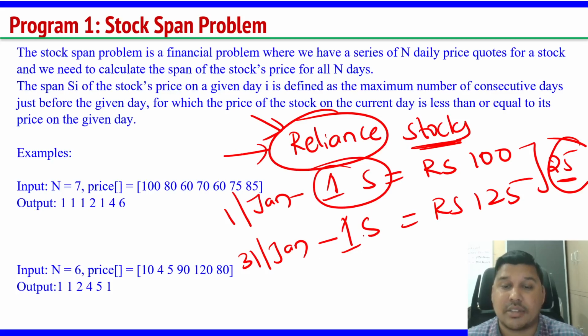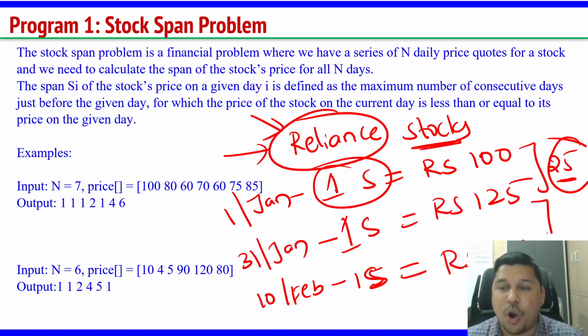There is also some chance that maybe on 10th February, this same one stock's value became 97 rupees. It has gone down by 28 rupees now.